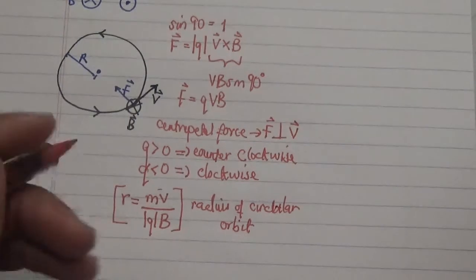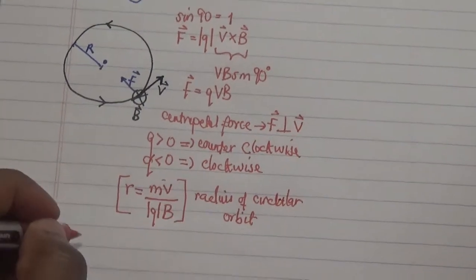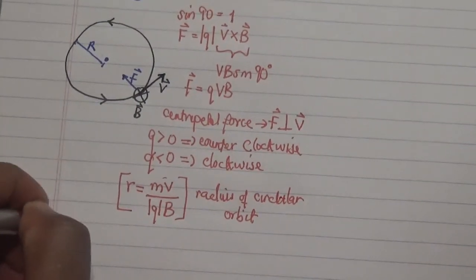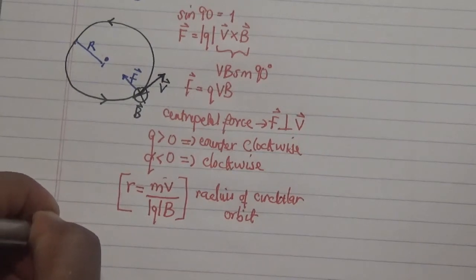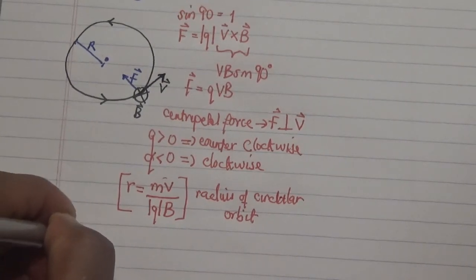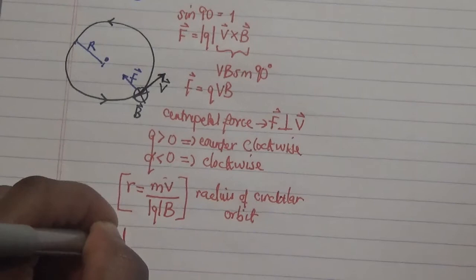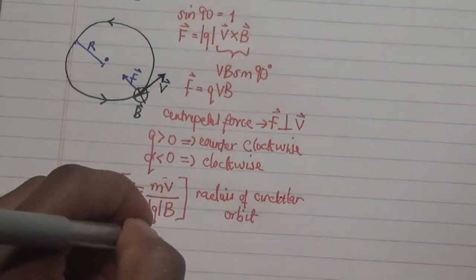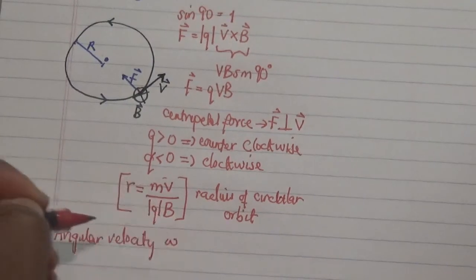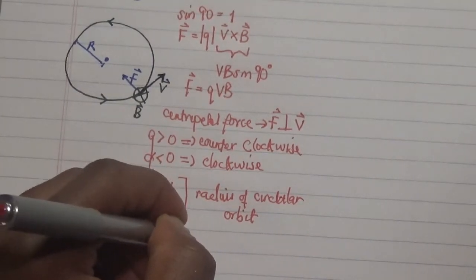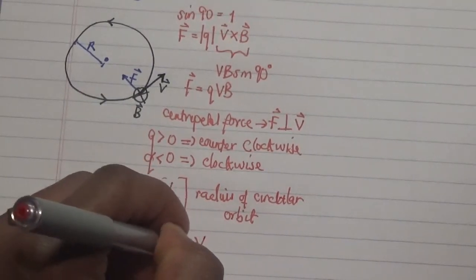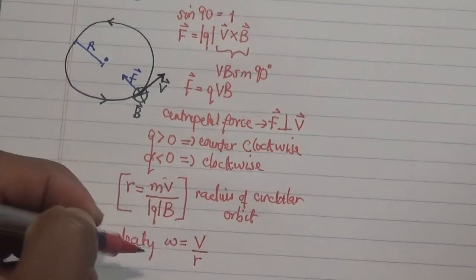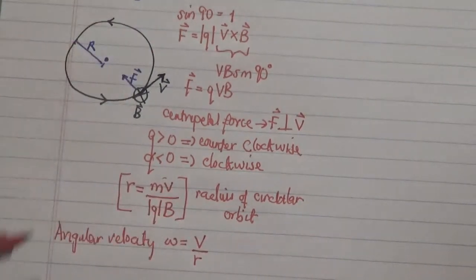And then going ahead, if you remember from regular high school, you looked at the angular velocity, and we know that the angular velocity is dependent on the velocity divided by the radius of the circular path.